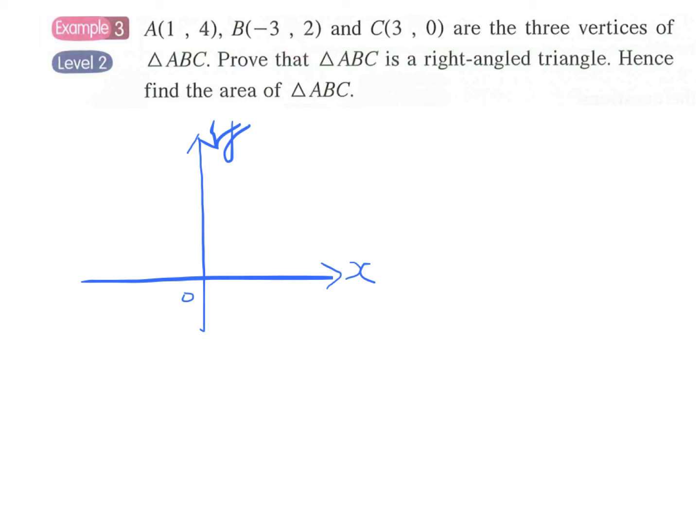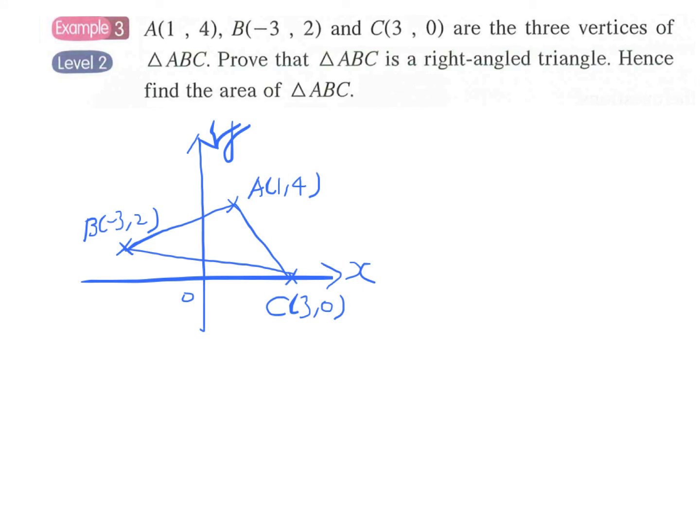So point A will be (1, 4). Point B, (-3, 2). And for point C, we have (3, 0). So this is our triangle ABC.